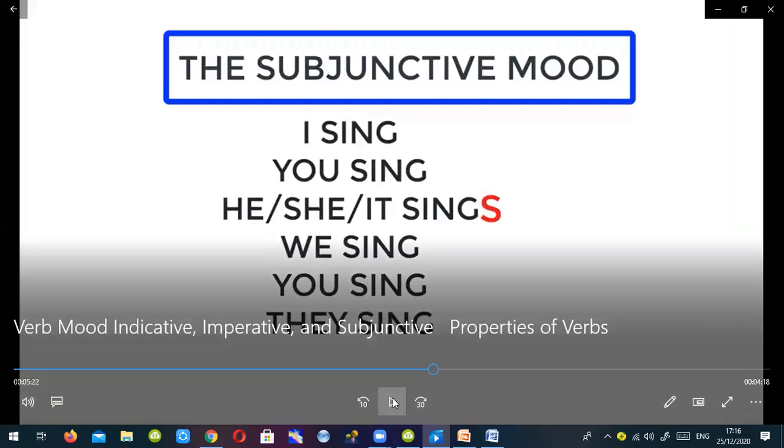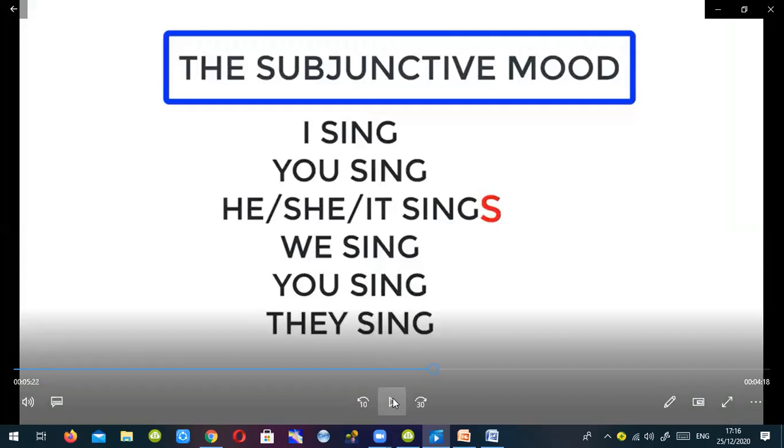Okay, you know that according to this speaker also, the difference between indicative and subjunctive. What is the problem? What is the difference? Did you hear her? In the subjunctive, it does not change.